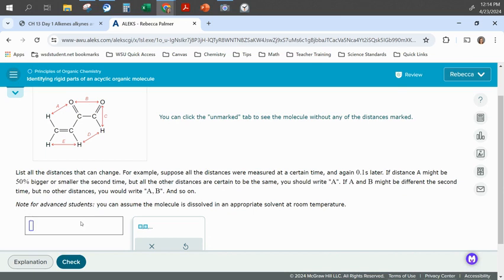In the box, if it can change, I need to put it in the box. A can change. The next one is B. B is across from a single bond, so this can spin, and that's going to spin the carbon-oxygen bond. So these can change distances.